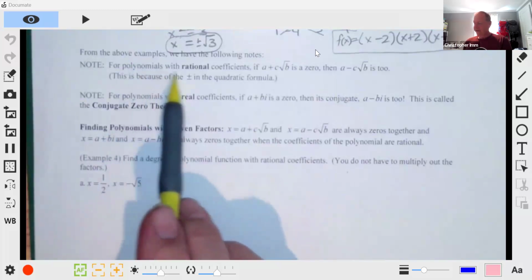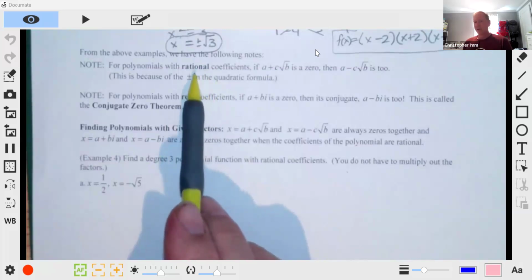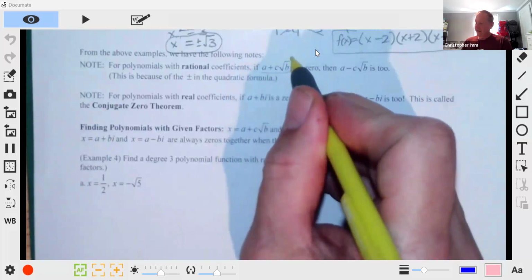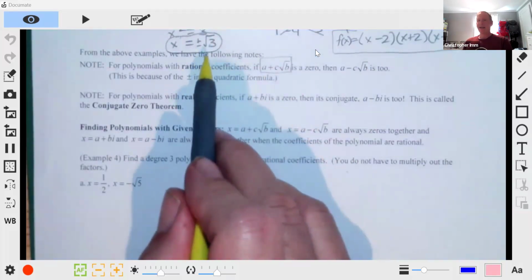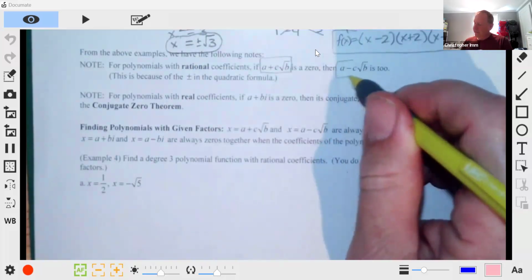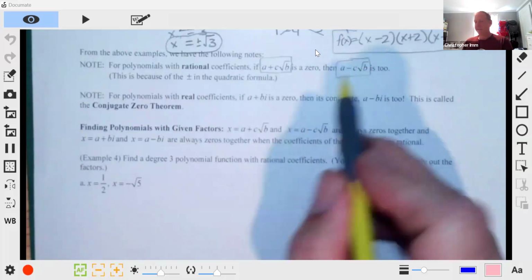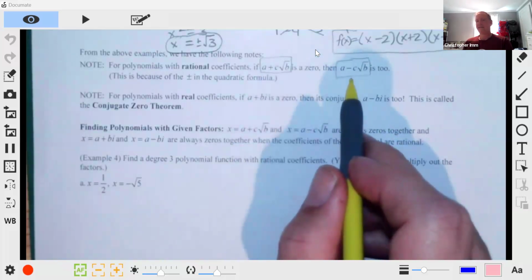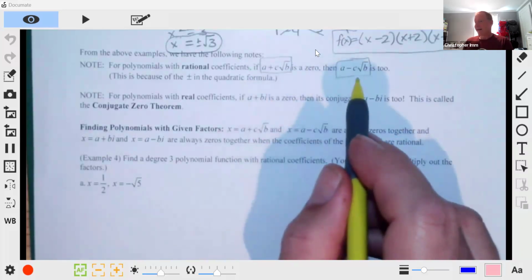So for polynomials with rational coefficients, so as long as we have a fraction or a whole number as a coefficient, if we have an irrational zero with a square root in it, like we had right here with this root 3, then by the quadratic formula, the negative one is a zero too. So remember, negative b plus or minus over 2a. So here's the plus and here's the minus. So if you have one of these, like a plus root 3, you'll also have negative root 3.